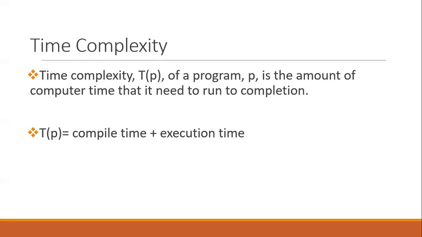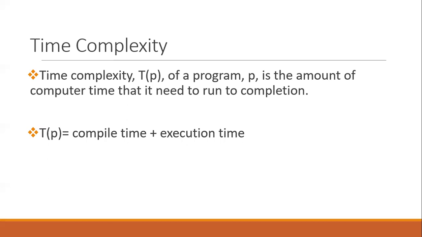Time complexity is the amount of computer time required to completely execute the program. So this time complexity of a program, say P, denoted as a function T of P, will involve compile time as well as execution time for the program.